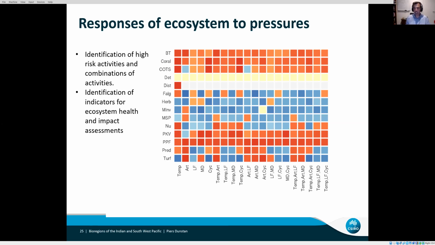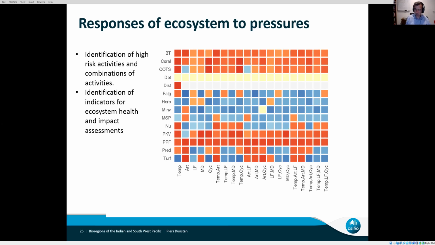And so we can start to think about how we could use this information to modify how we're managing this system, and could we actually start to change the dynamics of the system to try and maximize or improve the overall biodiversity of the system and the overall ecosystem function.